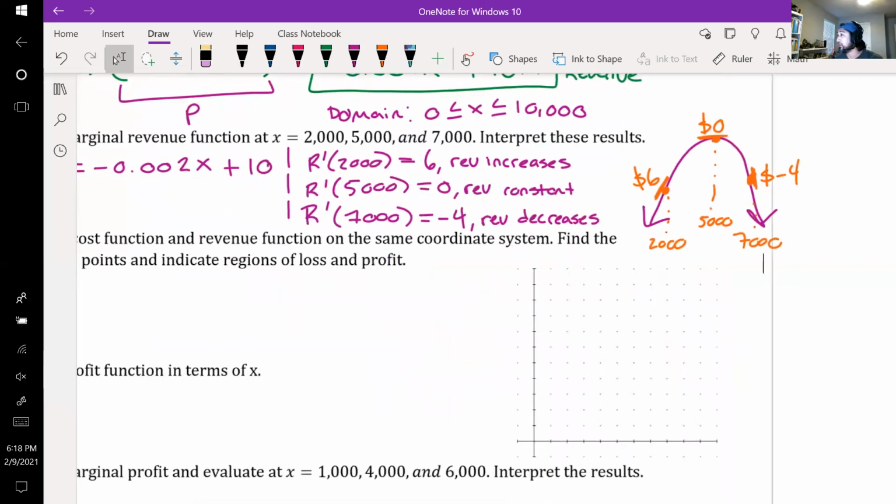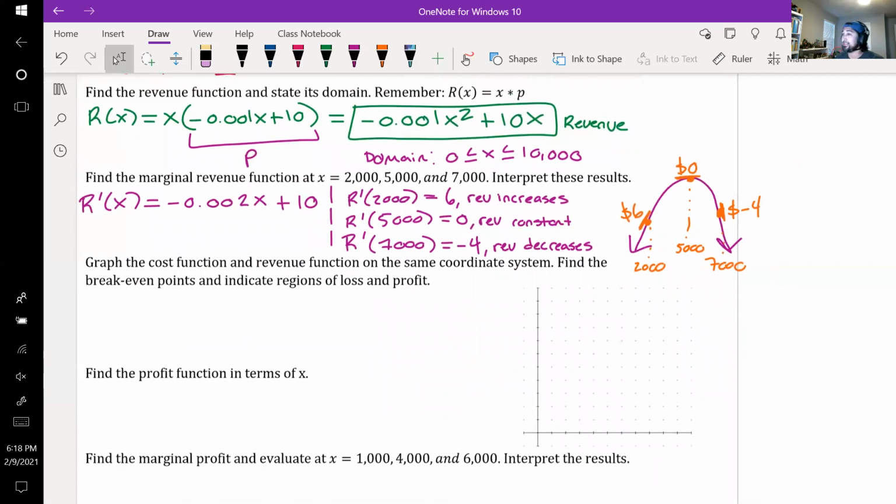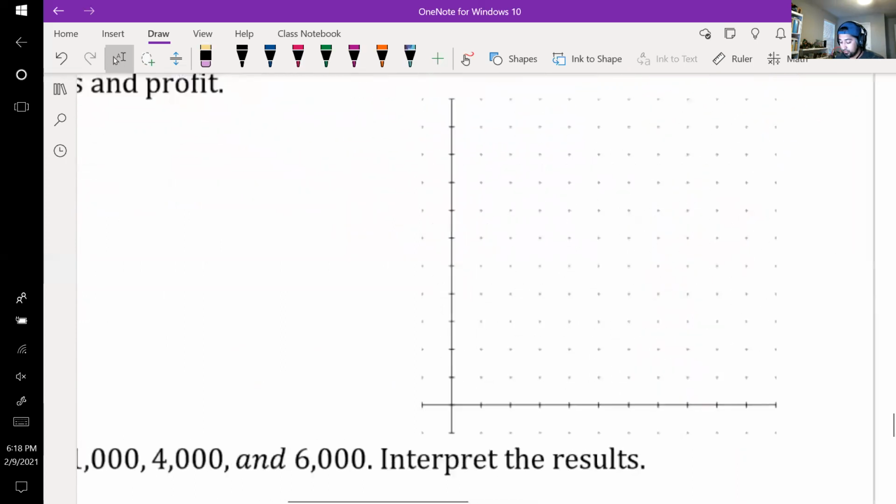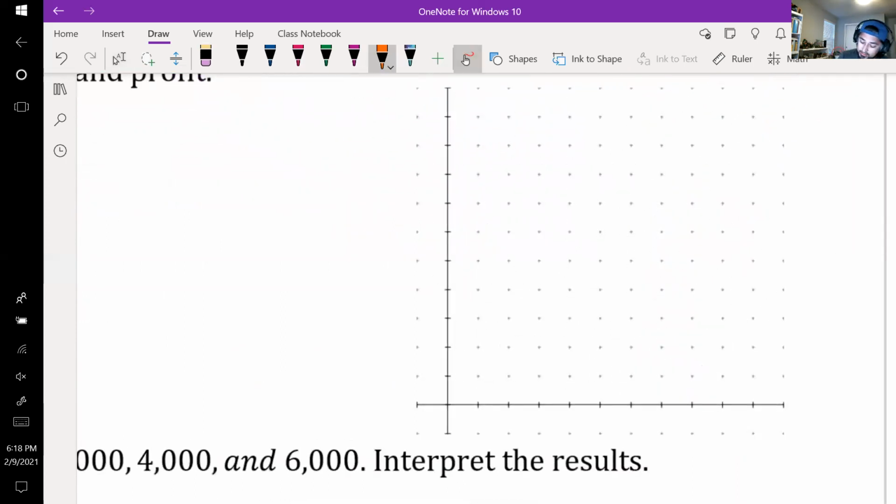So first thing I'm going to do, though, is label my graph. We already know the x values it's giving us. It's giving us the domain of 0 to 10,000. So that's what I'm going to put here. Down below on my x-axis, this is going to be 0. And then I'm just going to get to 10,000.